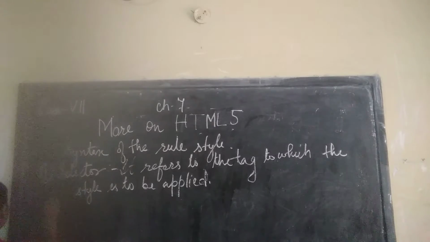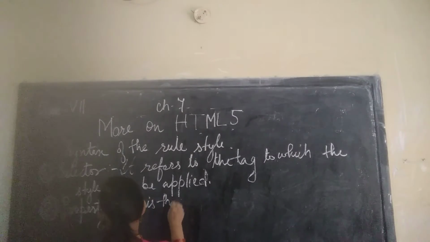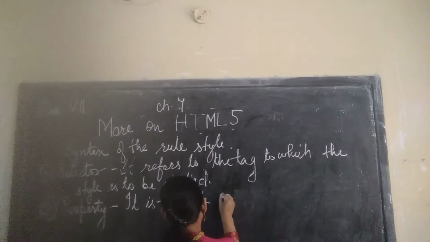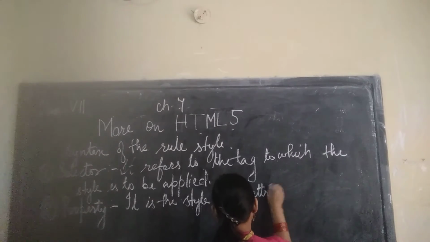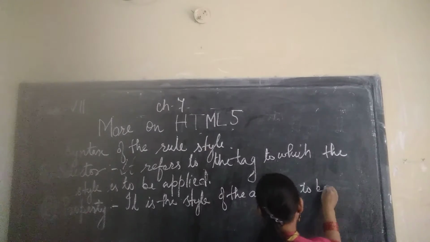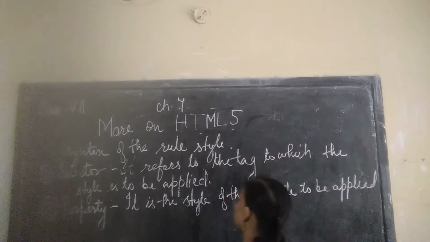The second point is property. It is the style of the attribute to be applied to the selector.